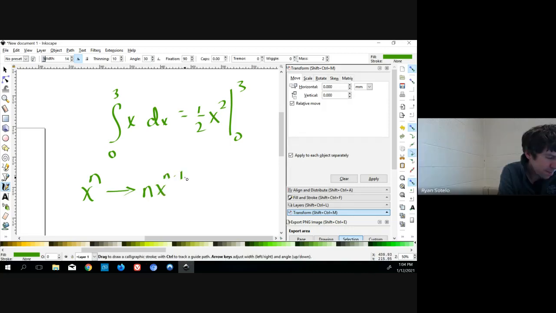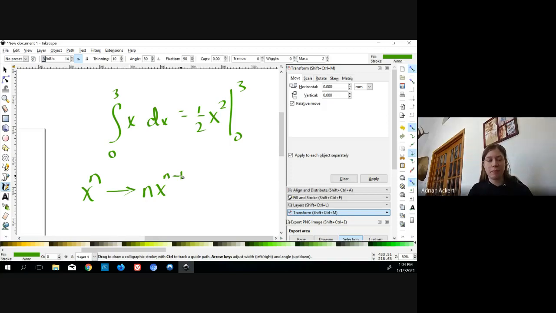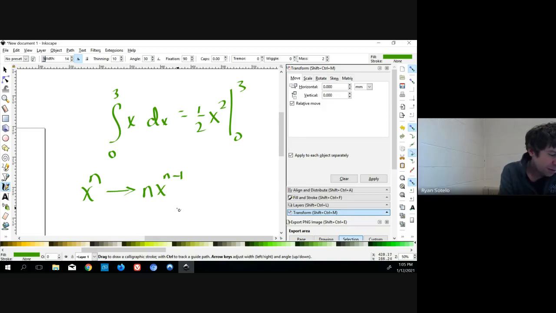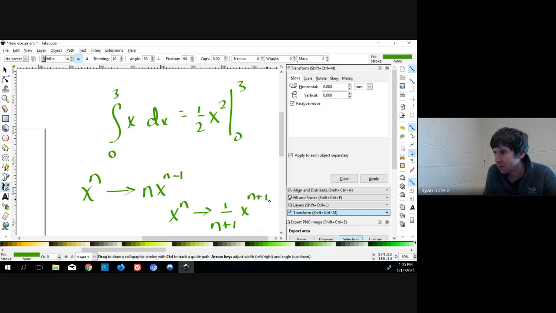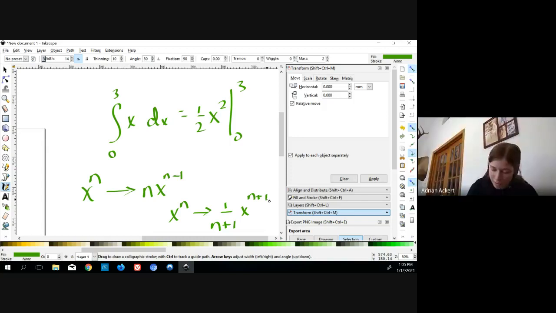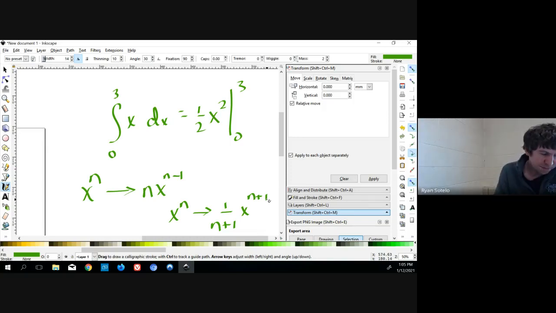The opposite of the power rule, if you have x to the n and you're going to take the integral, is 1 over n plus 1 times x to the n plus 1. So you raise the power and then divide by the new power. Yeah, that's the inverse power rule.